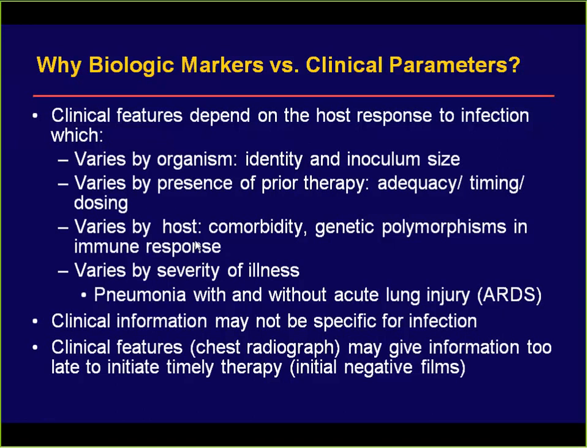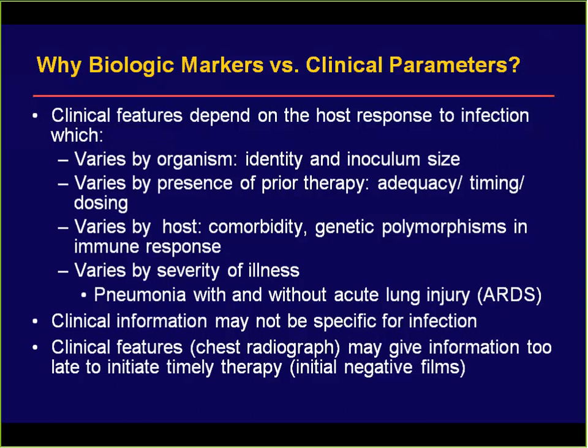There are genetic polymorphisms in the immune response. Some people respond more exuberantly than others. Elderly individuals have less clear clinical signs of infection than younger people. And so the clinical features that we associate with infection may be less obvious in certain individuals, and the severity of illness itself may also affect the clinical presentation.